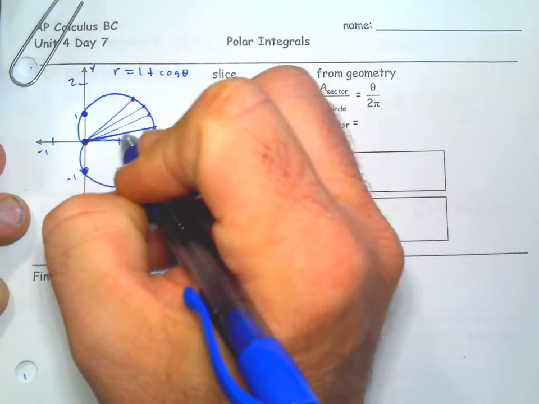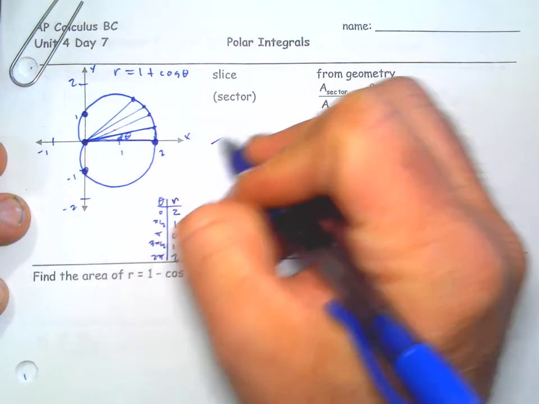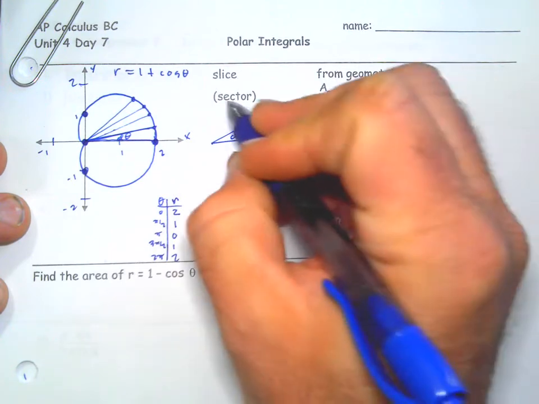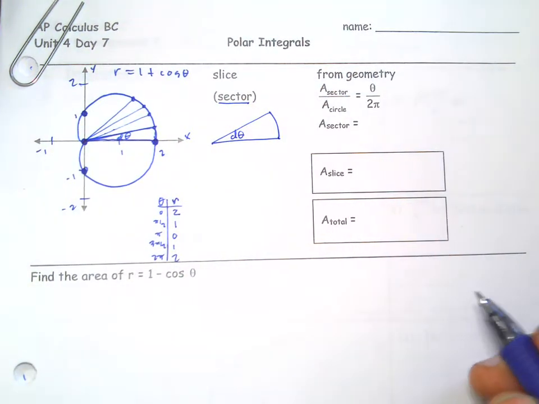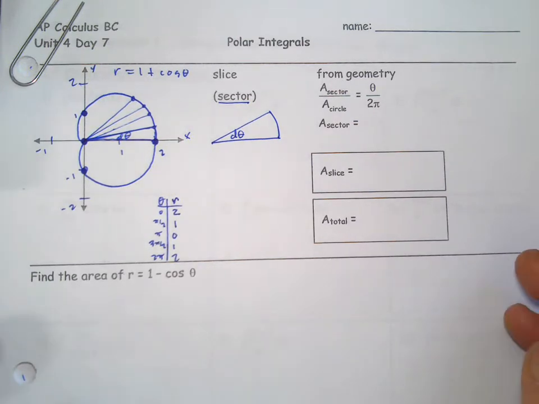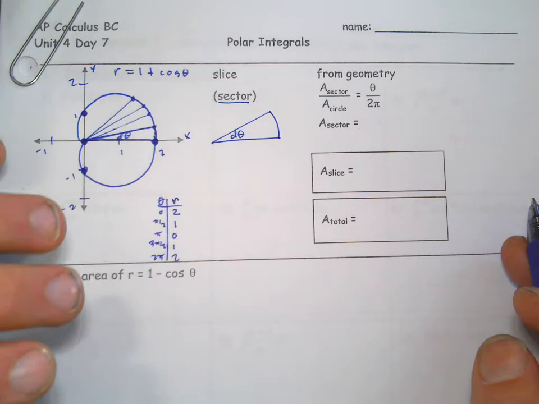and we're going to say that the angle is d theta. So one slice looks like this. Now, it looks like a sector. It's technically not a sector unless the shape happened to be a circle centered at the origin, which is a rare case of a polar curve. But it's close to a sector.